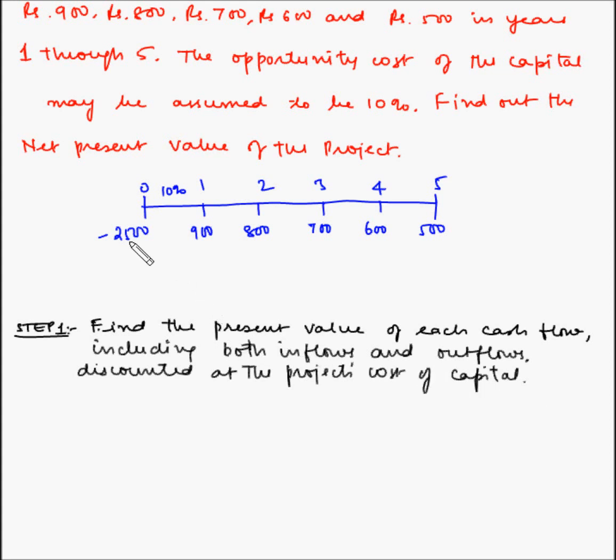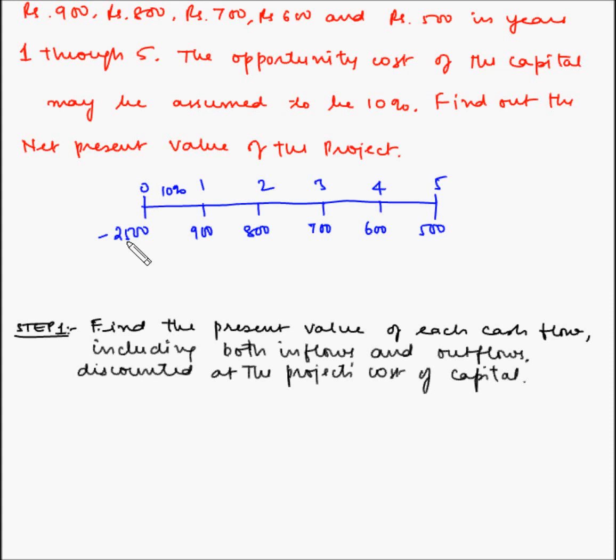So here we have one outflow, but it is also possible that a project may need an outflow or some investment even for the initial few years. So all those, whether it is outflow or inflow, have to be brought to the present value.